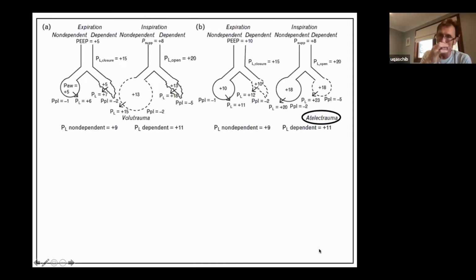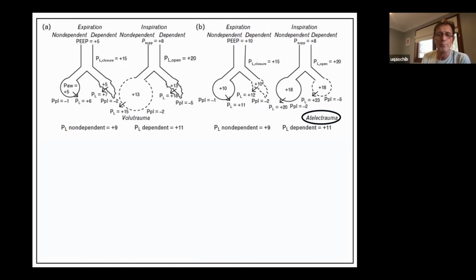Then if you go into an increase of PEEP to 10 and repeat the same, the PEEP of 10 has now opened up the compartment, and we have the pressure now delivered into this compartment.